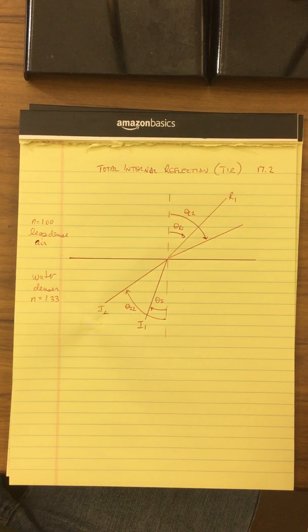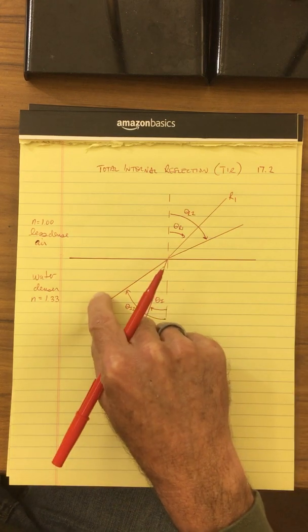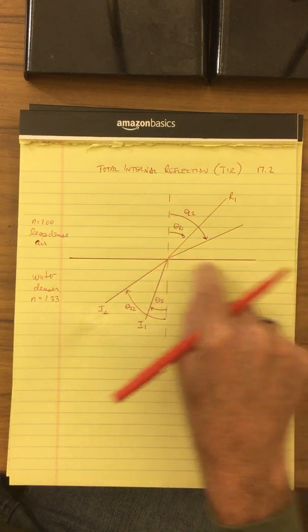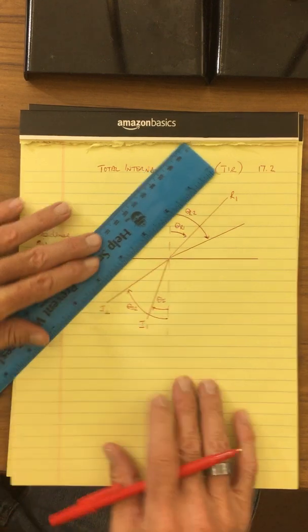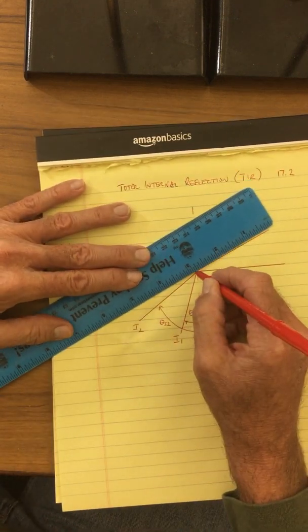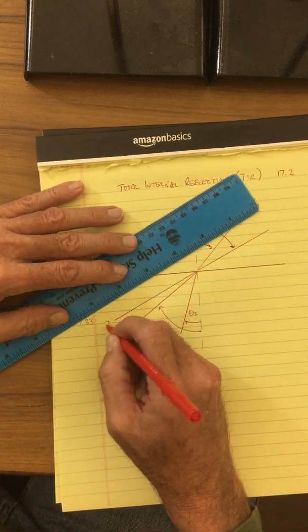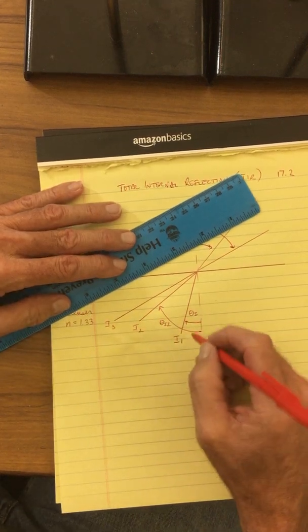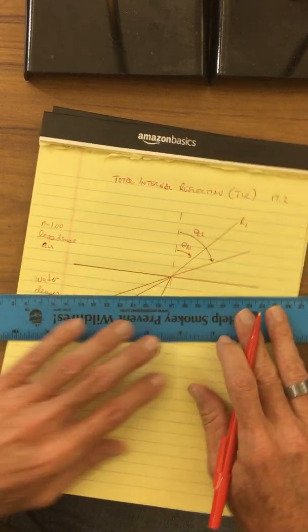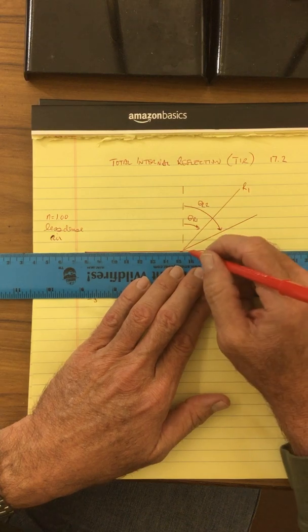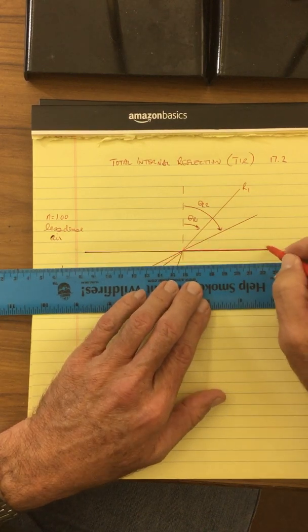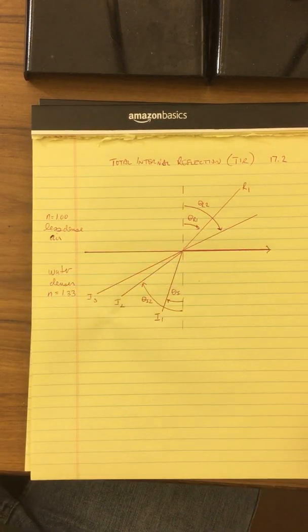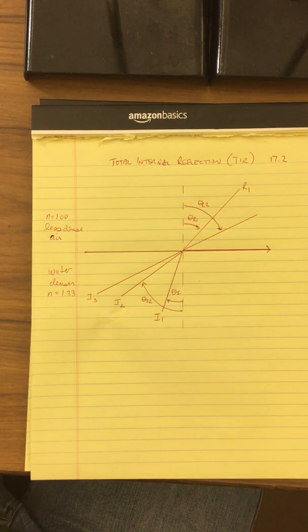Okay, so the question is, what is the angle going to be that produces this 90-degree refraction? So what's this angle? Here's the question mark. What angle does this have to be in order to produce a 90-degree refraction? This is called the critical angle.